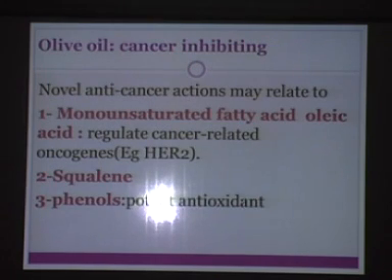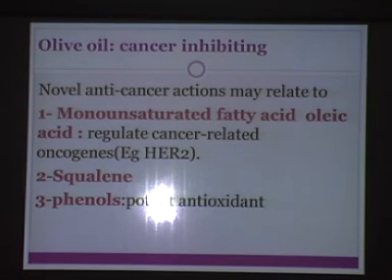The first is olive oil. It has a novel anti-cancer action, and this is mainly related to its monounsaturated fatty acid, oleic acid. This can regulate cancer-related oncogenes, especially the human epidermal growth factor receptor, a well-known oncogenic pathway upregulated in several types of cancer. Oleic acid also inhibits RAS farnesylation, which is another example of an oncogenic pathway.